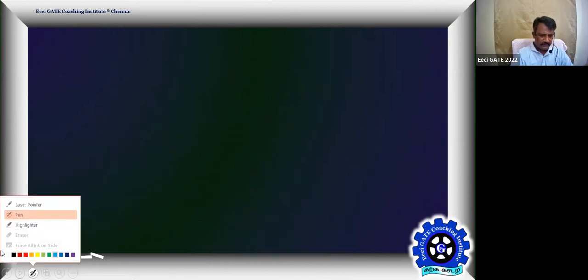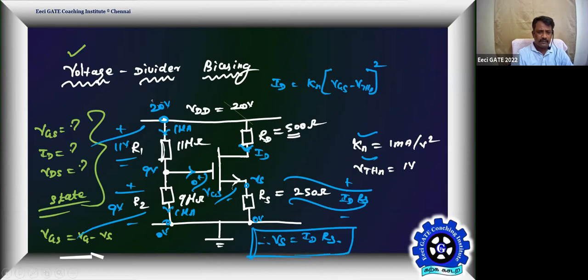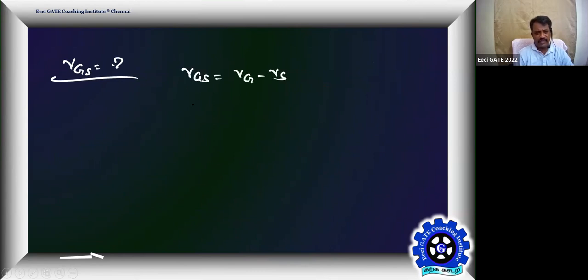Then the problem begins. Let us begin the analysis. The goal is to calculate VGS. We know VGS is equal to the gate potential minus the source potential. So the VGS equation: gate potential is 9 volts, source potential is ID into RS, correct?